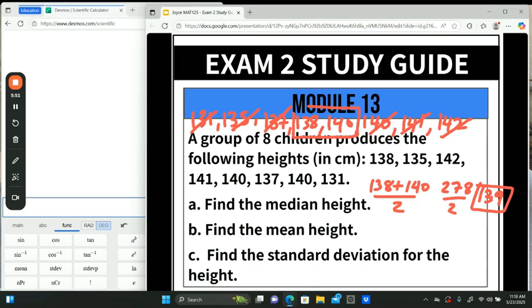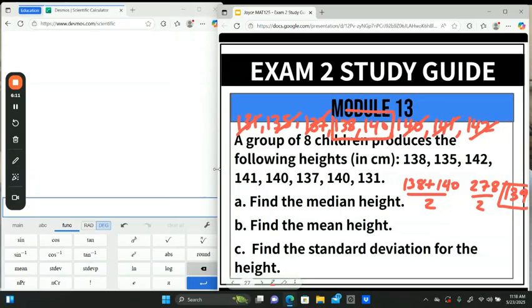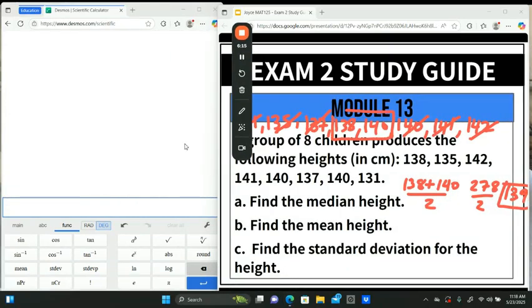Okay, find the mean. So to find the mean, we're going to use Desmos over here. So to find the mean, we're going to add all of the values together and divide by the number of values, which is 8. So we're going to use Desmos to help us out. Just a little bit. Let me make a little bit of room for us. Okay, so let's add all of our values together.